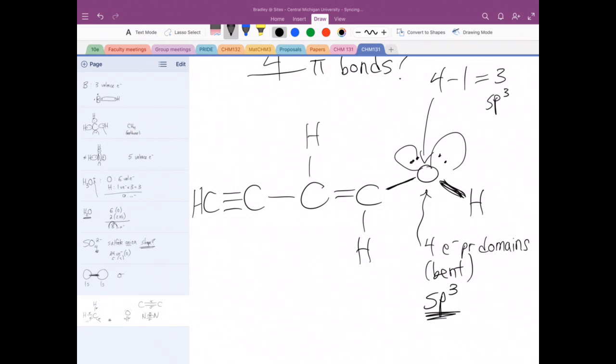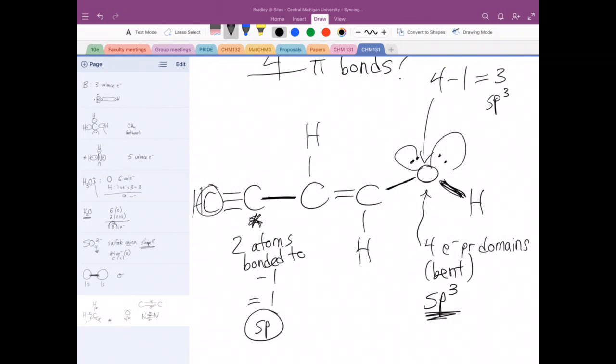Let's look at this carbon here. It doesn't have any lone pairs, so it's bonded to 2 atoms, one on either side. If you take one away, you get 1, so it's sp, or sp1.